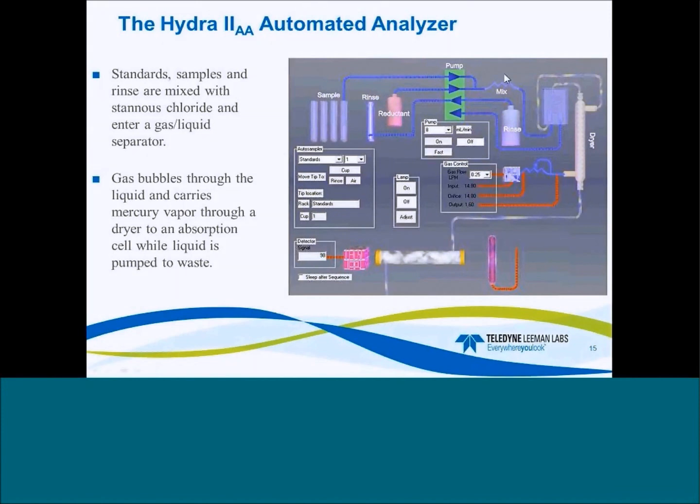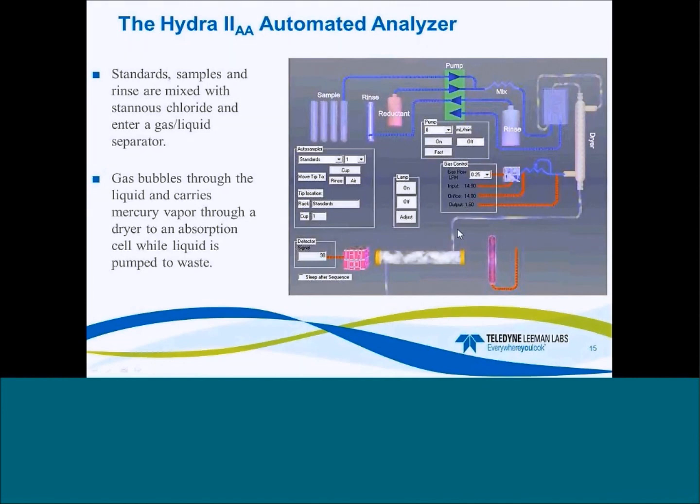So this is typically a schematic of what an automated system will have. Typically, they will have a pump, and they will bring the sample and the reductant together in a mixing tube into a gas liquid separator. The gas generated will go through a dryer and then into the spectrometer, indicated here by a lamp, absorption cell, and a detector.